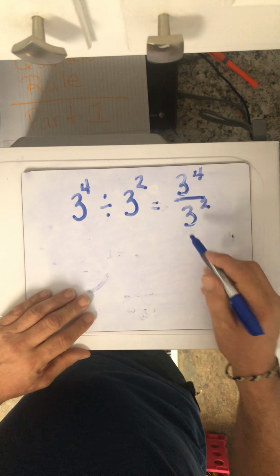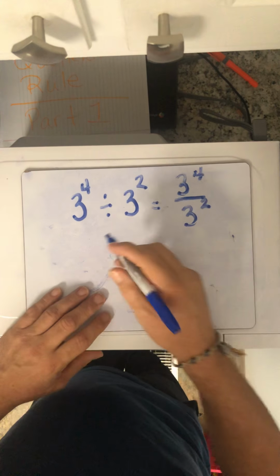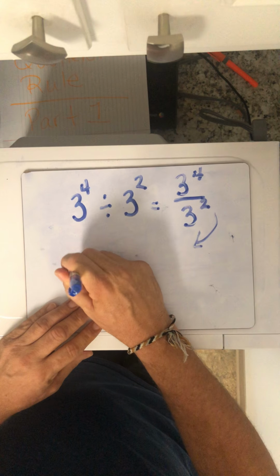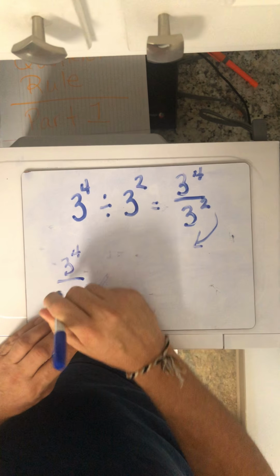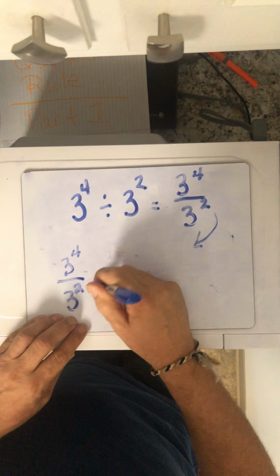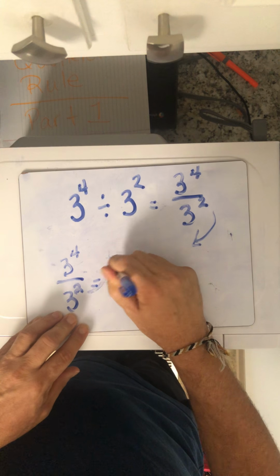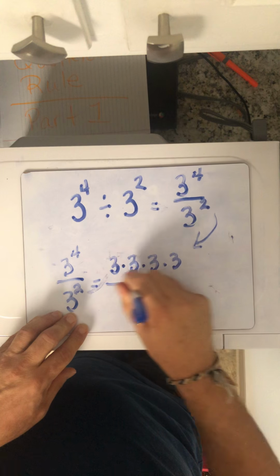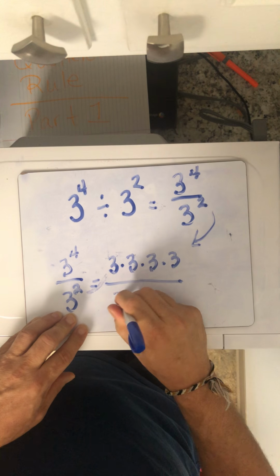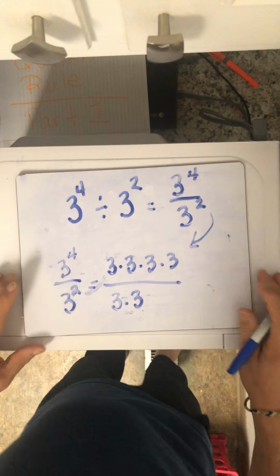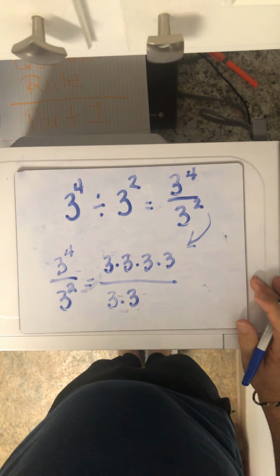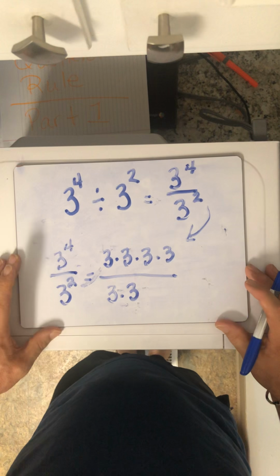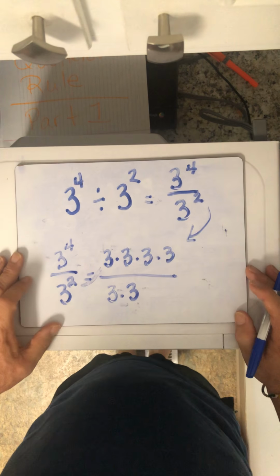If we use the expanded form and bring this down, we can write 3 to the 4th over 3 squared as 3 times 3 times 3 times 3 over 3 times 3. All we've done is written this all the way out, but this is going to show us why the quotient rule works.